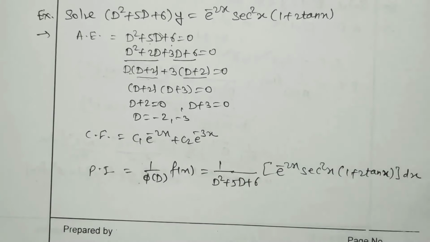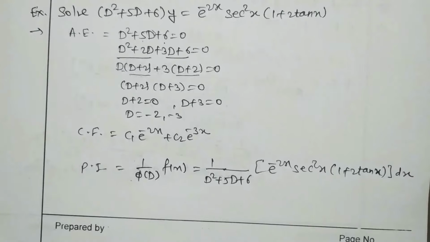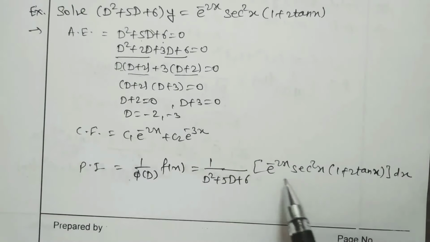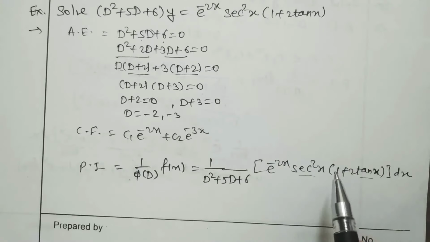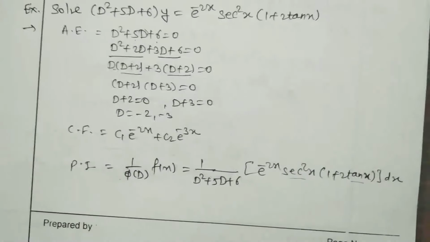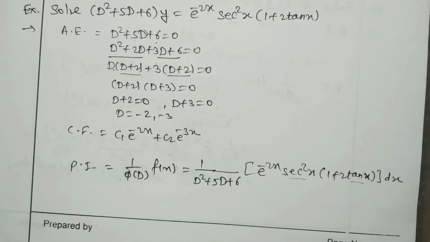Now see the term f(x): there is a term of sec² and tan, so we can't use the shortcut method, so we solve this by using the general method.